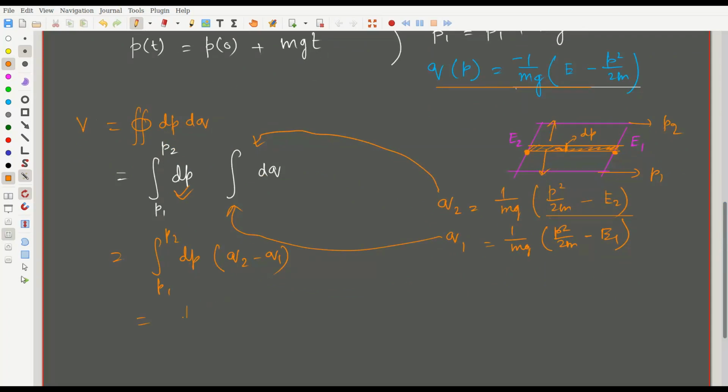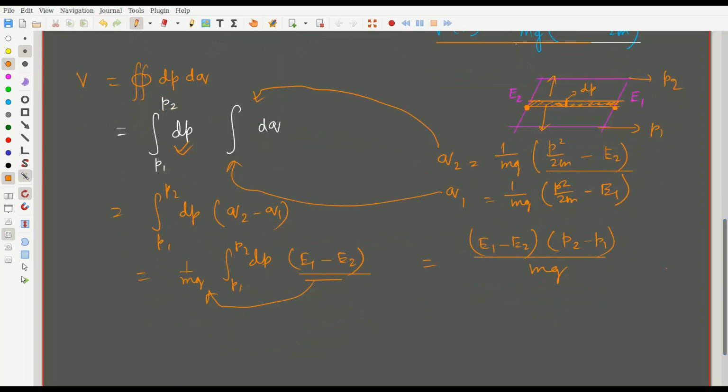So this is 1 by mg, p1 to p2 dp. Perhaps I have made a sign mistake somewhere. Anyways, so now this e1 and e2 are constant, so you can take them out, and you get e1 minus e2 into p2 minus p1 divided by mg. So this is your phase space volume at t equals 0.